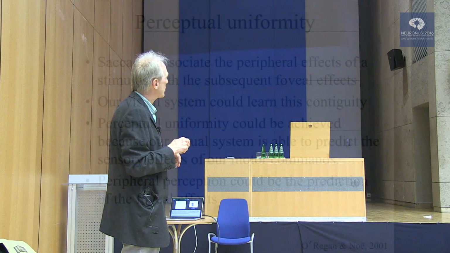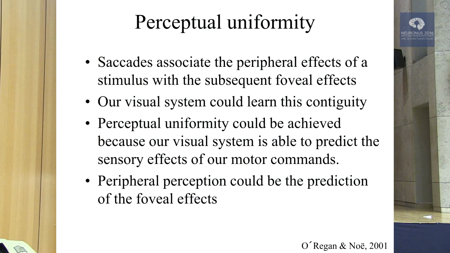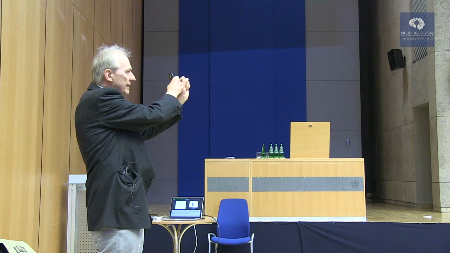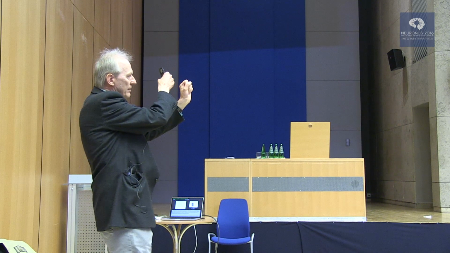This is a suggestion that has been made by Kevin O'Regan and Noë a while ago, but there's been very little experimental evidence for it: that we use, for example, eye movements to associate the peripheral representation of an object we view somewhere else, and then we make a saccade, and we can associate this foveal representation to the former peripheral one.